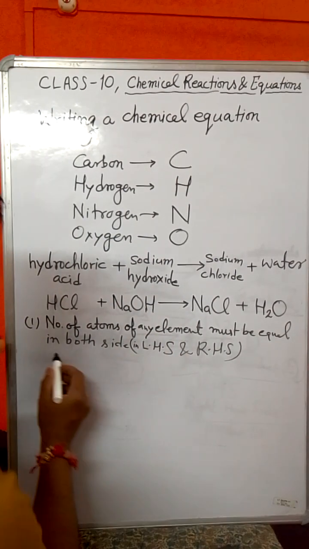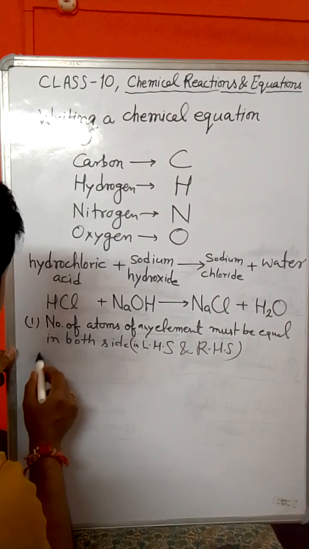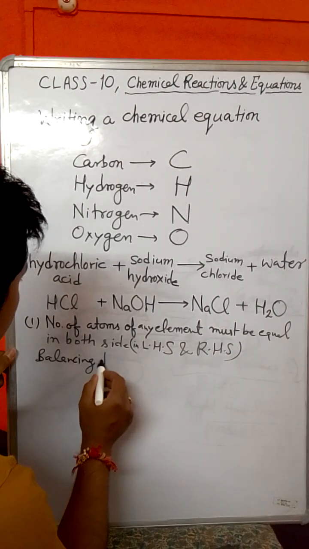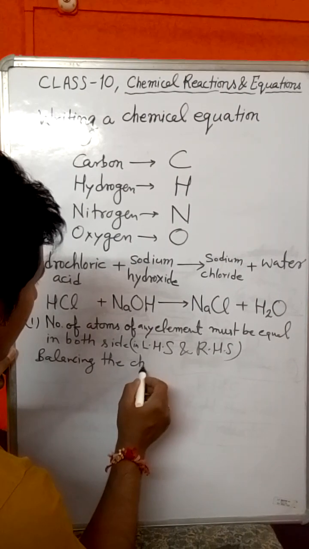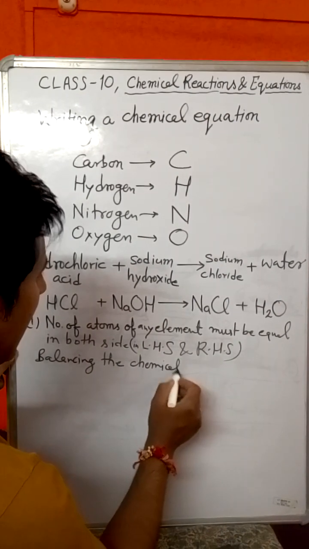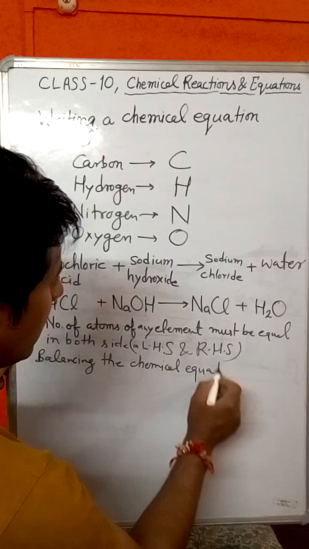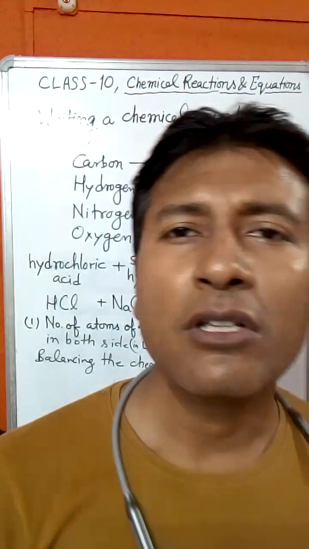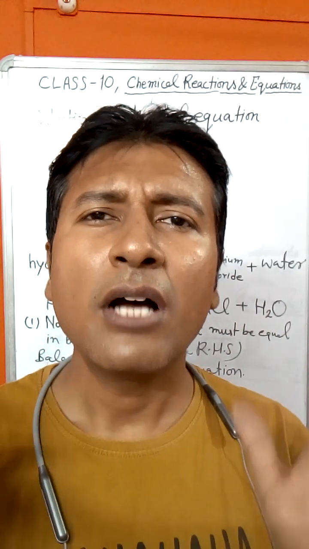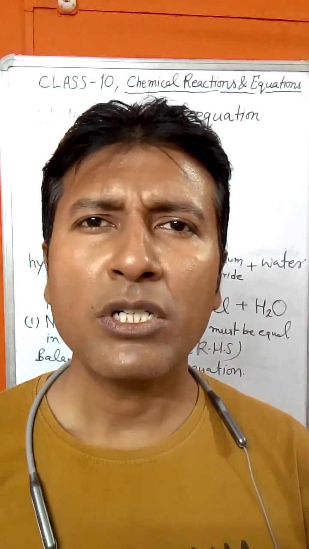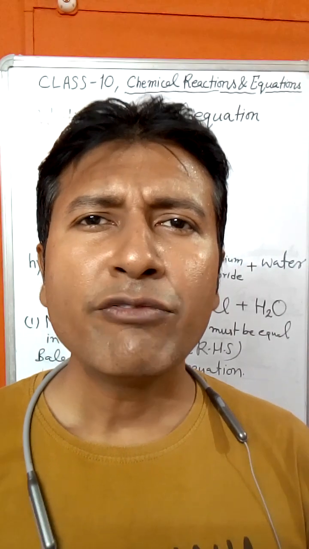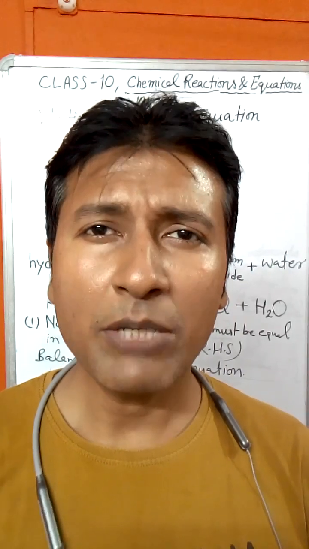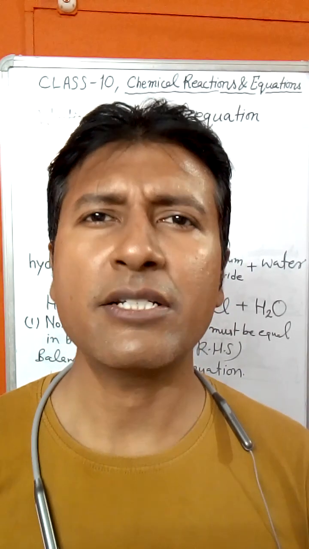Okay, this is known as balancing the chemical equation. Means, first of all, the reaction must occur. Number one. And number two, if you know that the reaction has occurred, then while writing the chemical equation, you have to balance it.